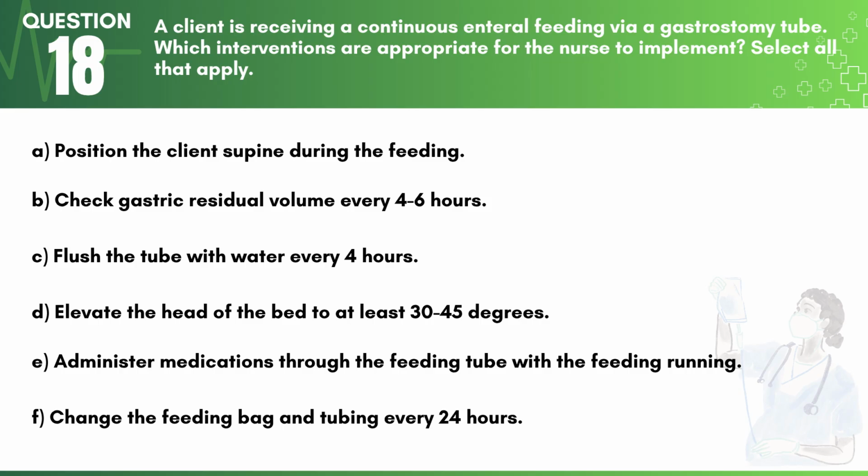C. Flush the tube with water every 4 hours. D. Elevate the head of the bed to at least 30 to 45 degrees. E. Administer medications through the feeding tube with the feeding running. F. Change the feeding bag and tubing every 24 hours.